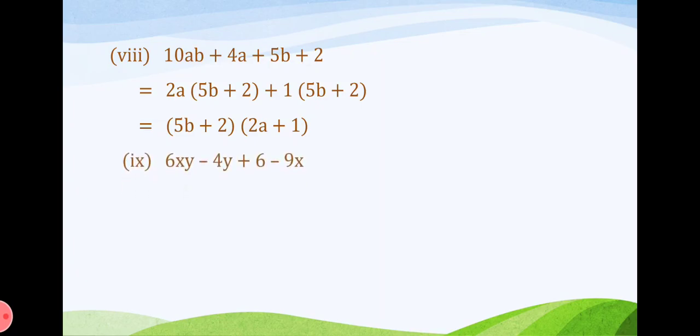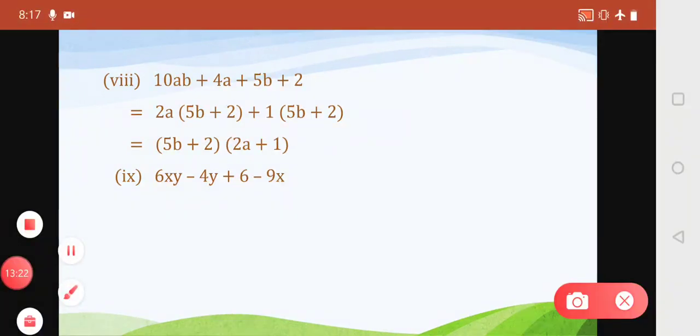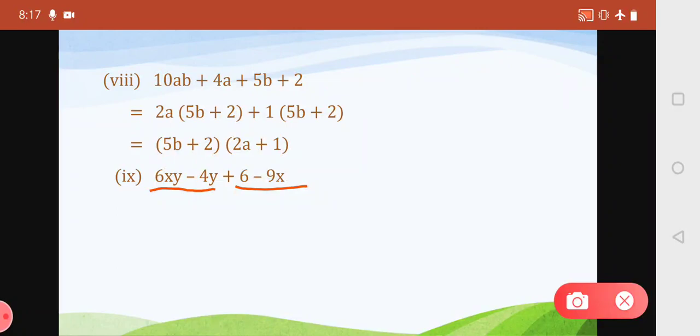Question number 9: 6xy minus 4y plus 6 minus 9x. Again, looking at the given expression, we have to make the groups and then further do the factorization. Suppose we make the groups in this way: from the first two terms we can take out 2y common, and write the remaining in the bracket.